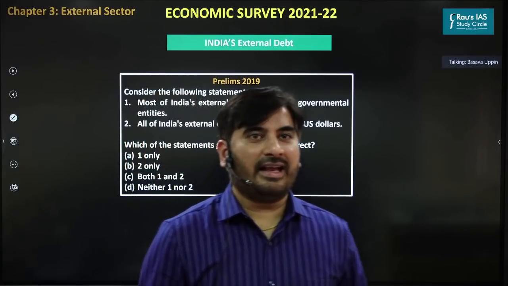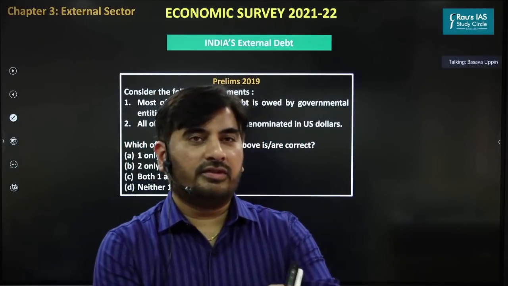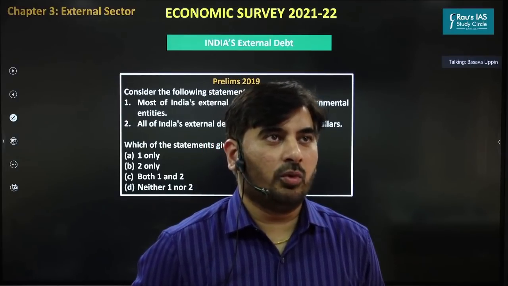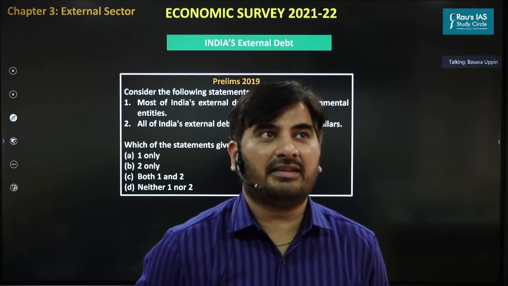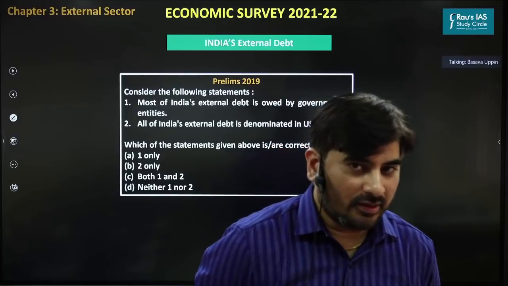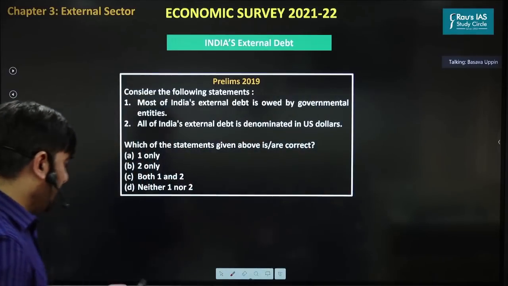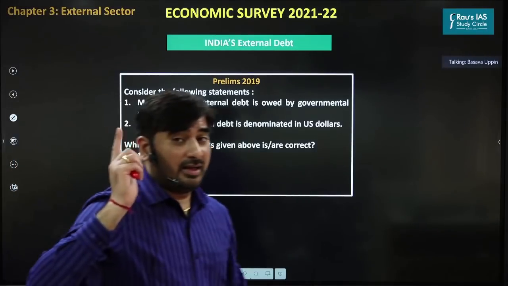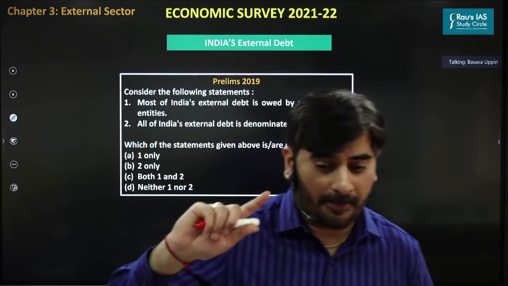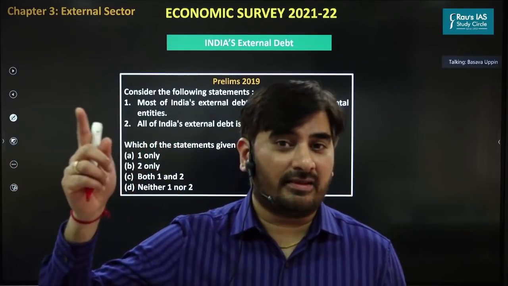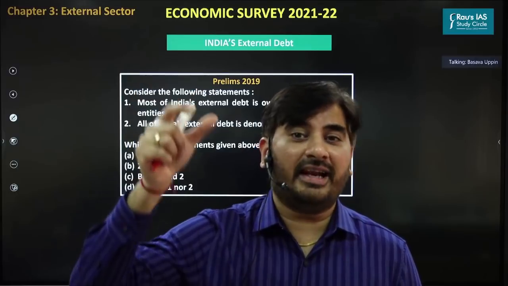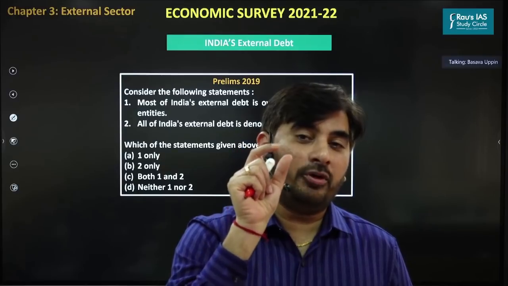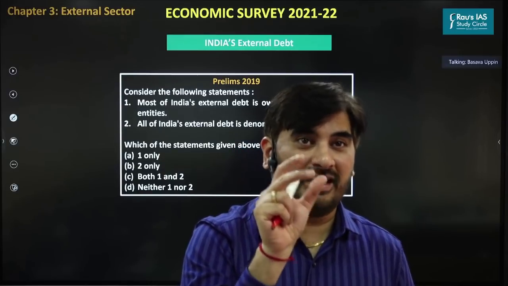Now coming to India's external debt. This was a question asked in prelims 2019, with respect to the present status of India's external debt. So let us quickly go through it. In the last class we discussed the government's finances, and there we also discussed the debt position of the government, purely from the perspective of the central debt.